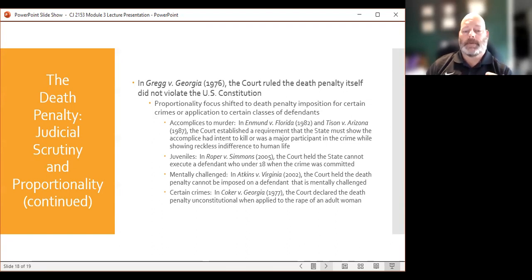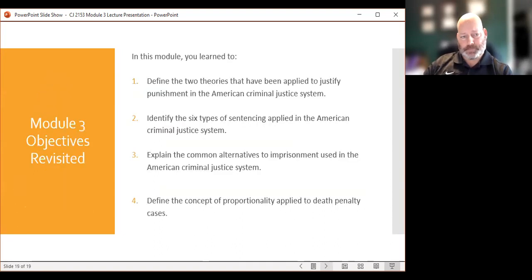And then as early as 1977, there was a challenge to certain types of crimes other than homicides, in which the court declared the death penalty was unconstitutional when applied to the rape of an adult woman. And that decision was in Coker versus Georgia, as I said, in 1977.